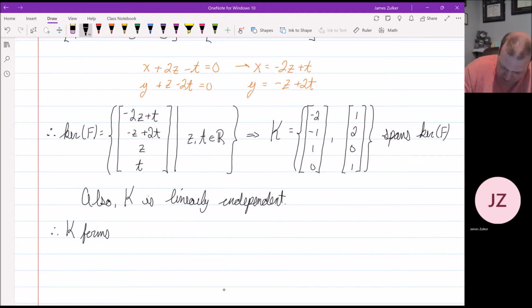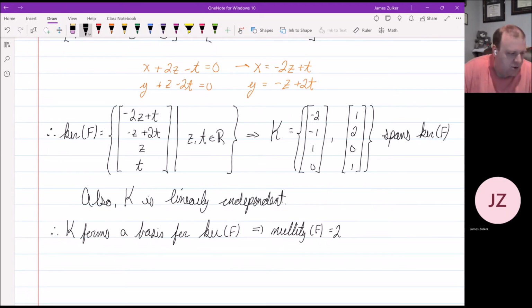So that set forms a basis for the kernel of F. This means that the dimension of the kernel, which is called the nullity of F, is 2.